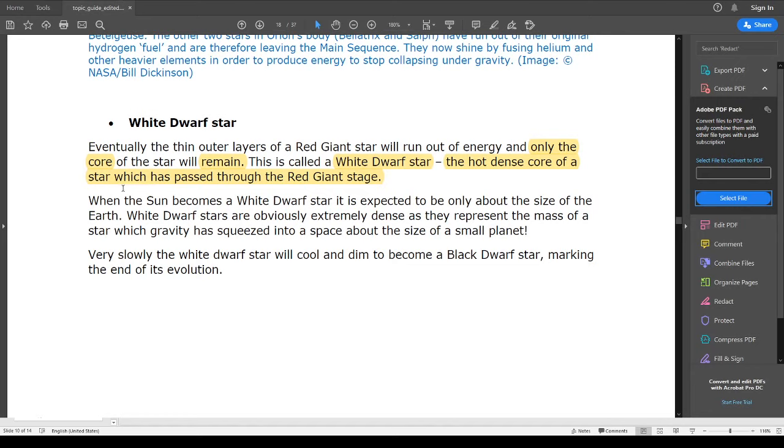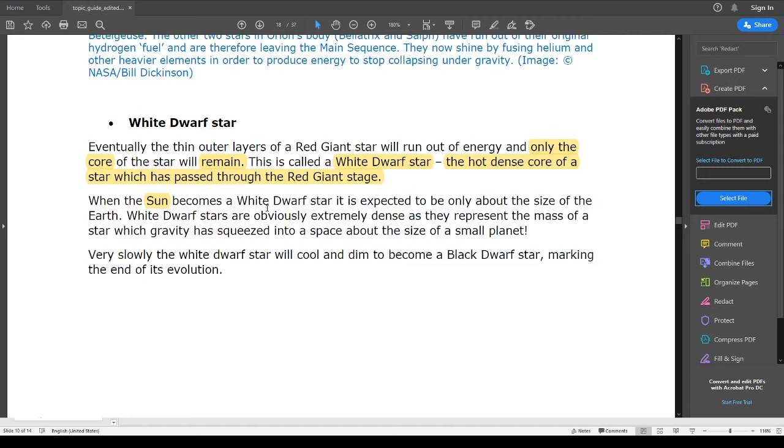Now, here's the surprising part. When the sun, and we know how big the sun is, right? It's 99% of the mass of the solar system, and Earth is not even the biggest planet, but all the other planets and Earth and everything else make up 1% of the mass of the solar system.